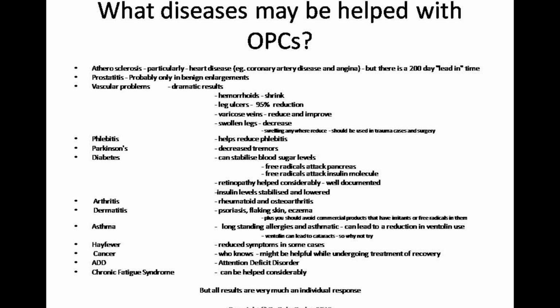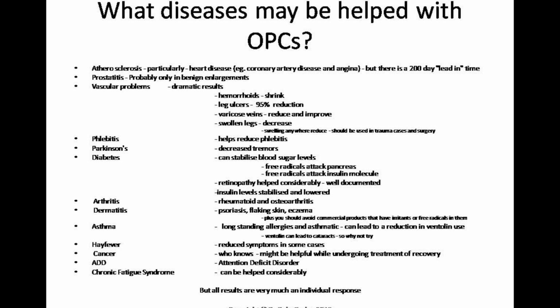Arthritis can be helped, so rheumatoid arthritis, osteoarthritis can be helped. Dermatitis, psoriasis, flaking skin and eczema. And of course you've got to remember to be careful with the free radicals that you're using in your personal care products with your dermatitis as well. Asthma and hay fever may be improved.